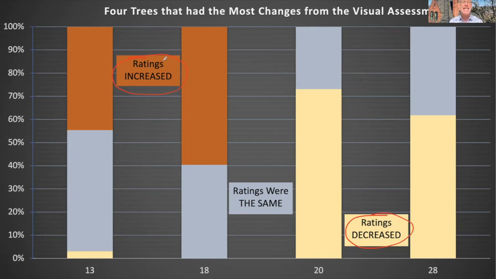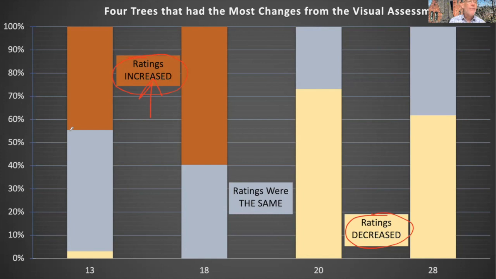So for 13 and 18, after the visual assessment, people looked at or sounded the trunk with a mallet and then used the resistograph and the tomogram, and then they did a consultation with a peer, and they said, oh, wow, I'm going to change my rating. I'm going to make it a higher likelihood of failure rating.